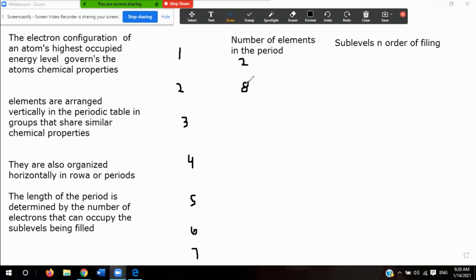In period 3, you also have 8 elements, which start from sodium and go all the way to argon. Period 4 has 18 elements, as does period 5.